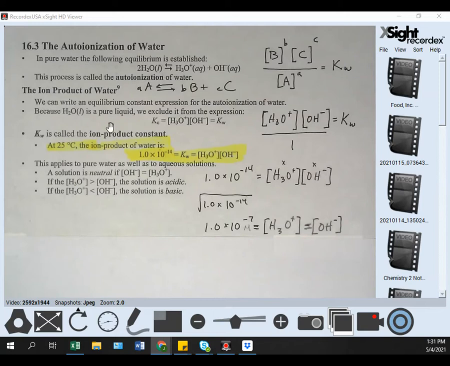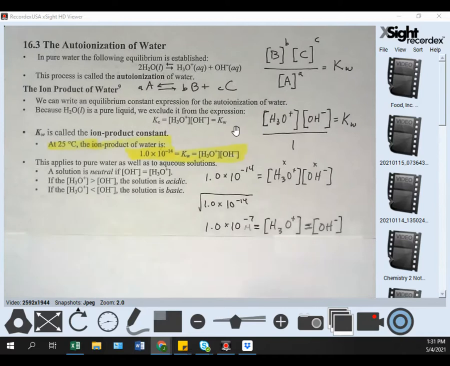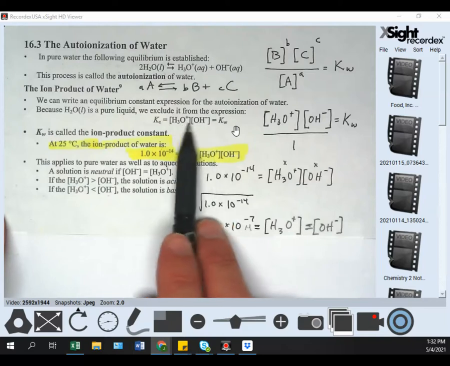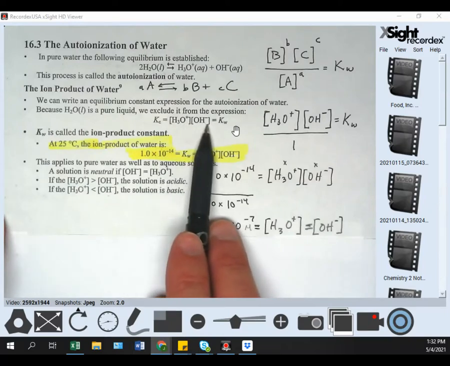Now, with water, you can set it up so that, when they do it in brackets like this, it's the concentration.